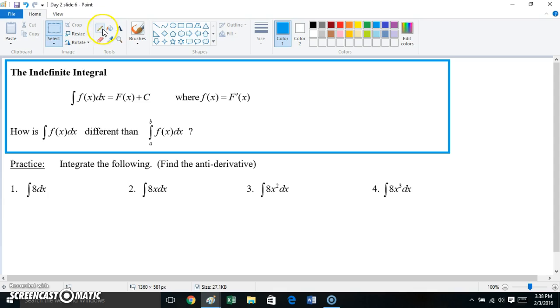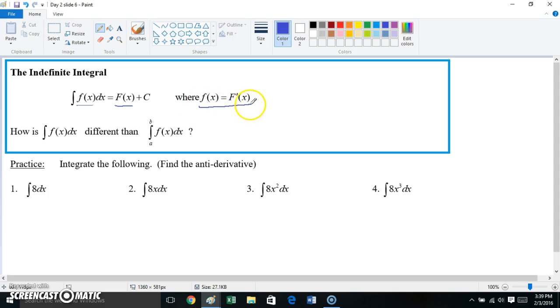Okay, so we've been looking at the indefinite integral, the integral of f of x dx, where we're looking at lowercase f as our integrand, is the function capital F of x plus c.